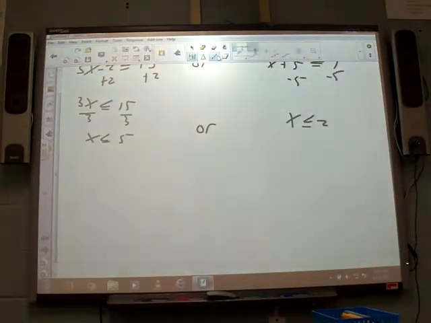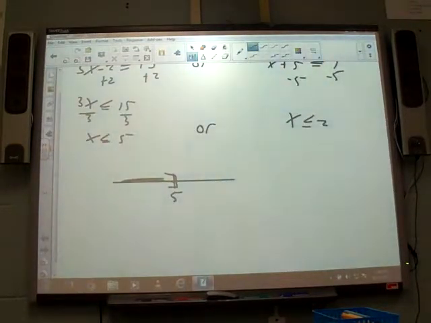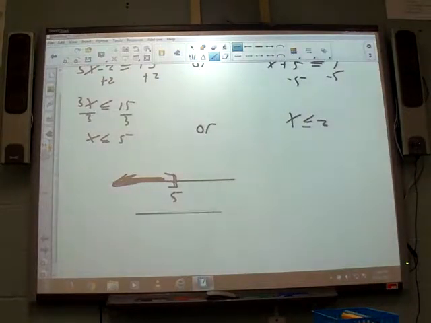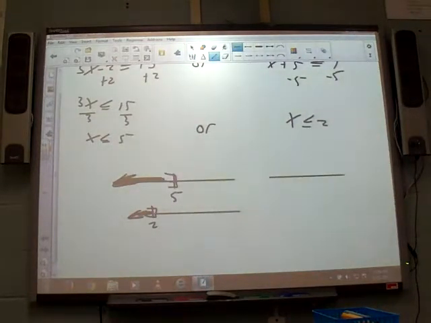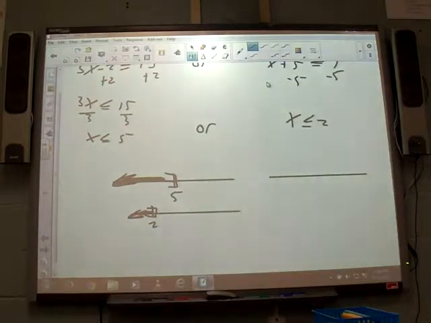All right, how's this going to look on our number line? A bracket with a 5 going to the left. Then my 2 is to the right of 5, and that would be a bracket and go to the left. On the intersections, the ands, we had to be in both of them, so we took the smaller stuff. But now I can be in either one of them, either or.